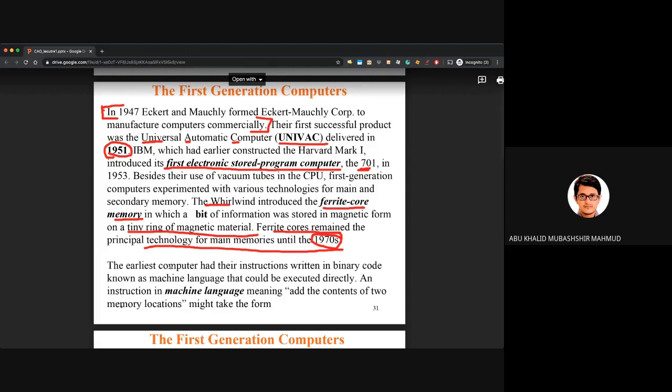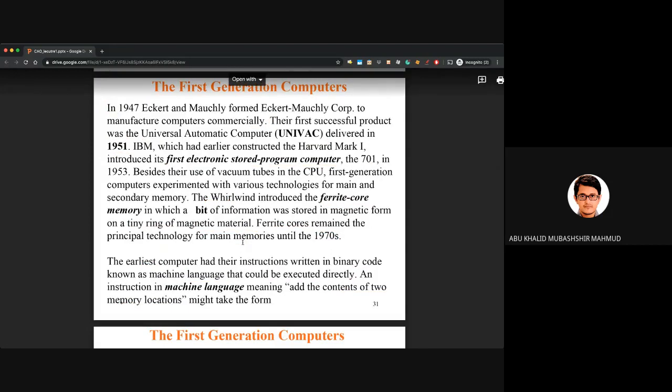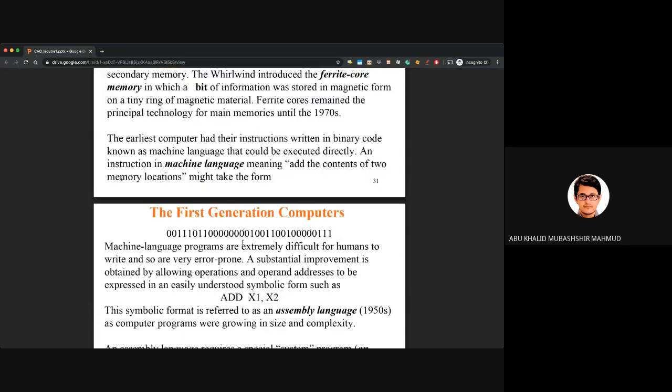Now, the earliest computers had their instructions written in binary code, which was known as machine language, that could be executed directly. We are somewhat familiar with this machine language. An instruction in machine language meaning to add the contents of two memory locations is a binary string like this.